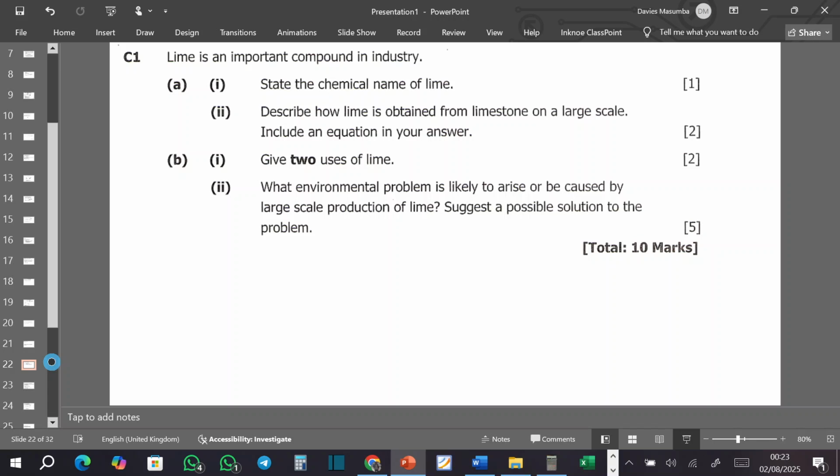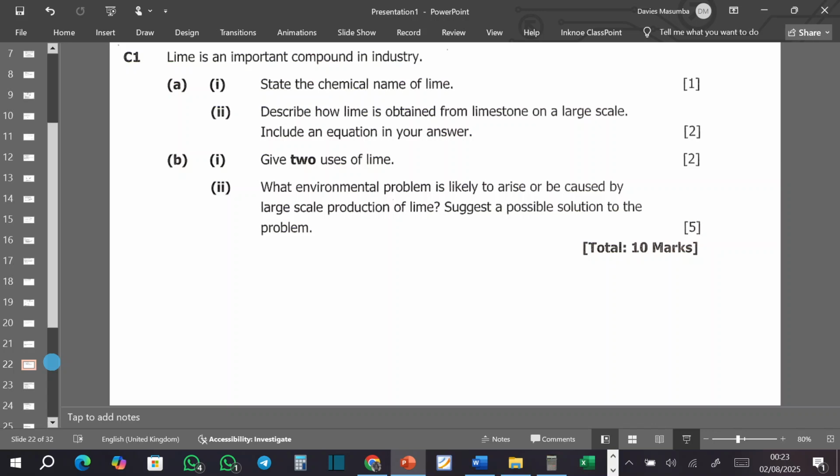Include an equation in your answer. Then B, Roman numeral one, give two uses of lime. Then Roman numeral two, what environmental problem is likely to be caused by large-scale production of lime? Suggest a possible solution to the problem.